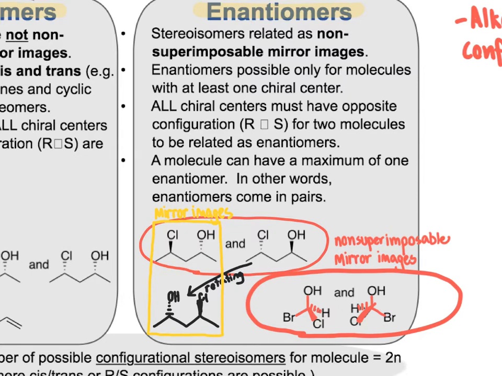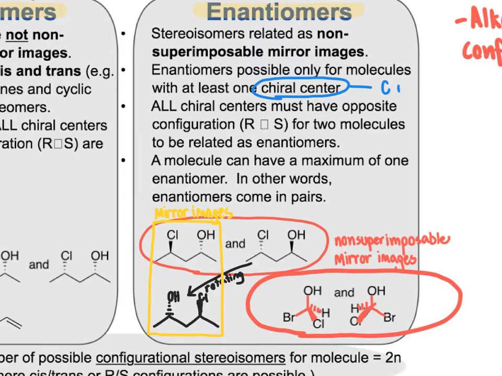So when we're talking about enantiomers, non-superimposable mirror images, in order for a molecule to have an enantiomer, in order for it to be non-superimposable on its mirror image, it has to have at least one so-called chiral center. A chiral center, by definition, is a carbon atom that has 4 different groups bonded to it.